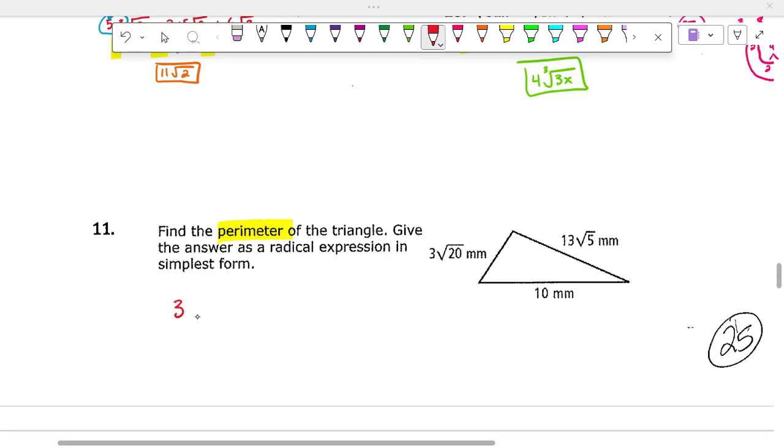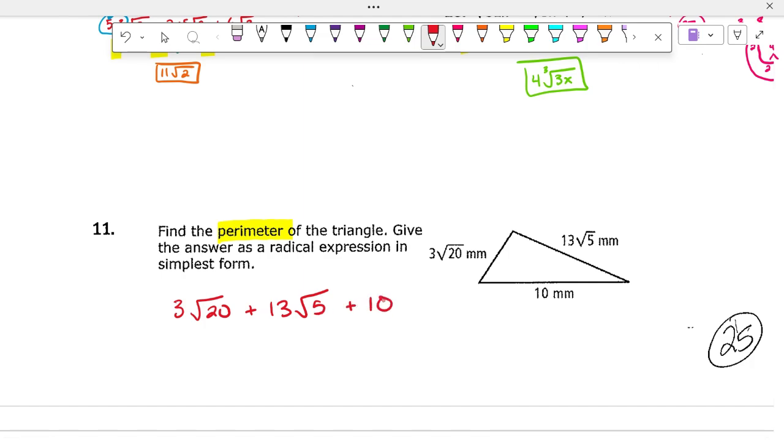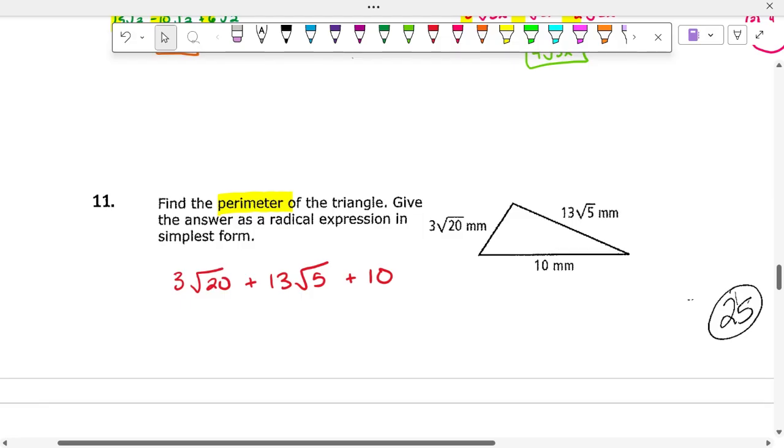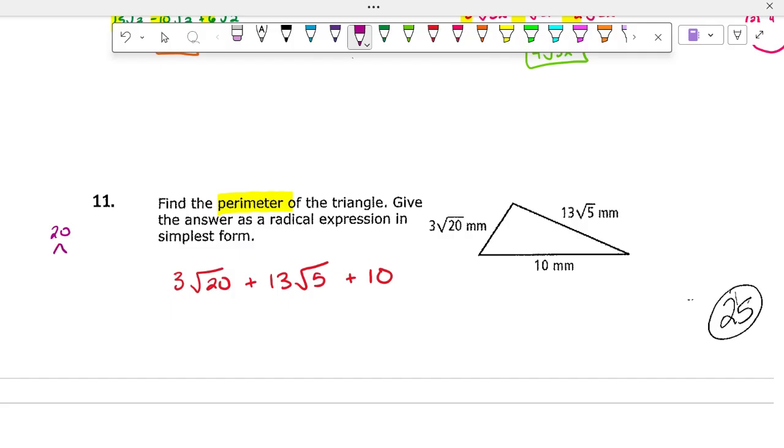So this is the same thing as 3 square root 20 plus 13 square root 5 plus 10.